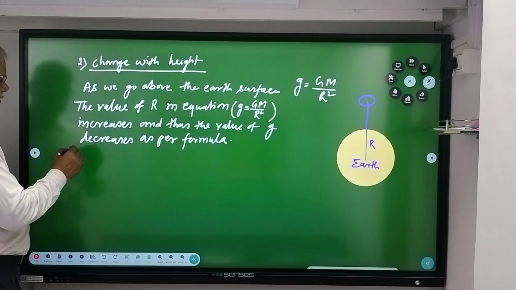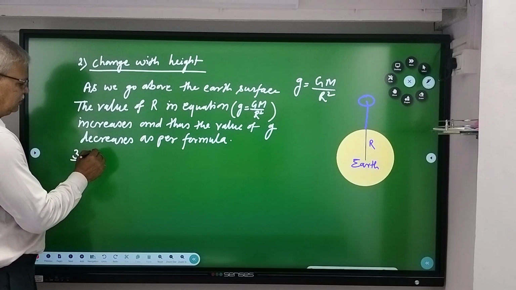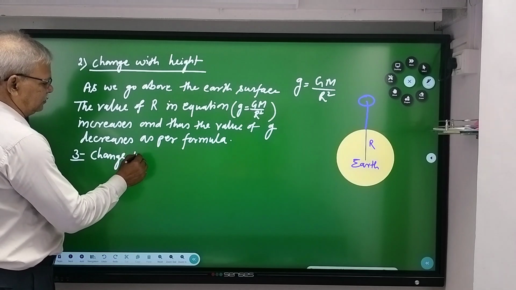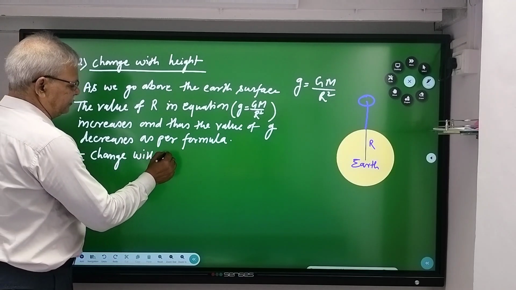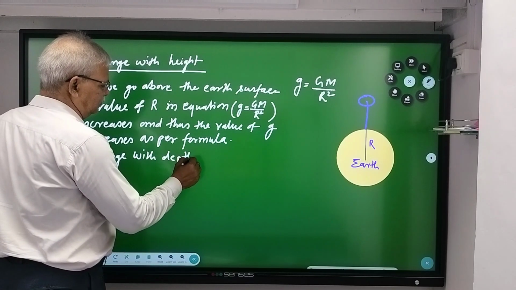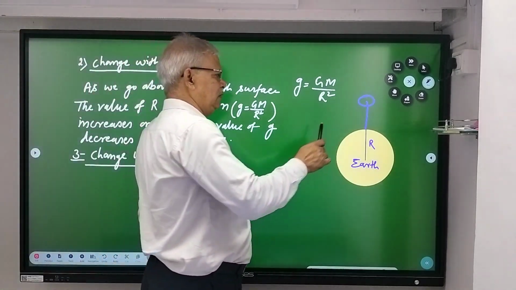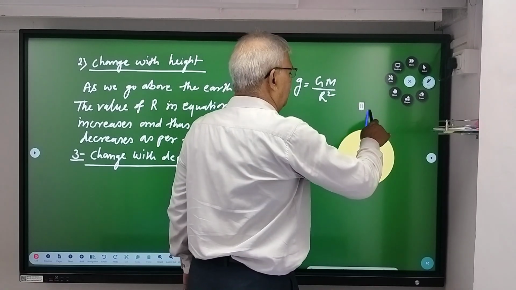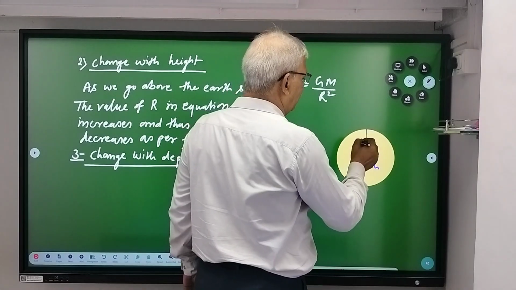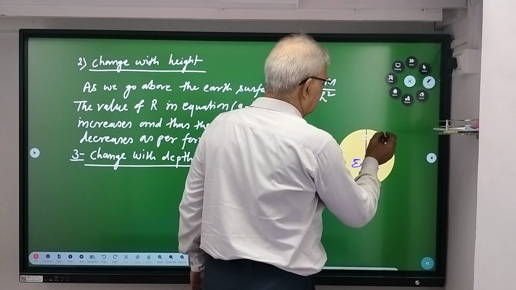Now, the third factor, that is change with depth. Change with depth. Now see, I'm going to rub it. Now suppose the object is somewhat inside the Earth.